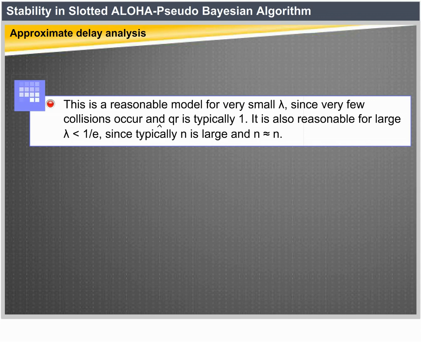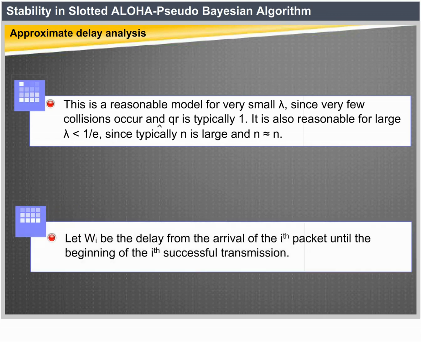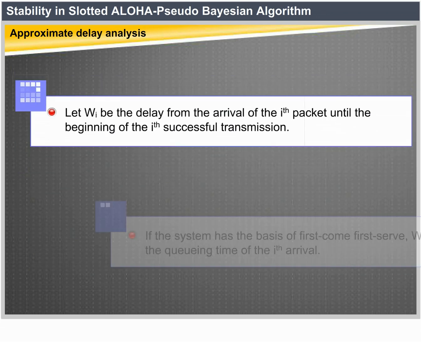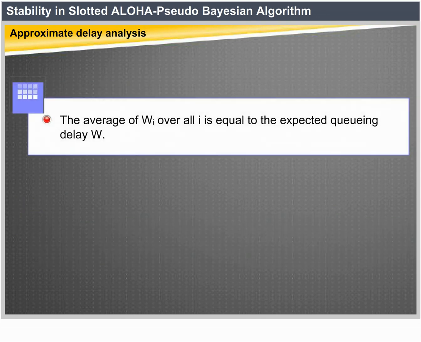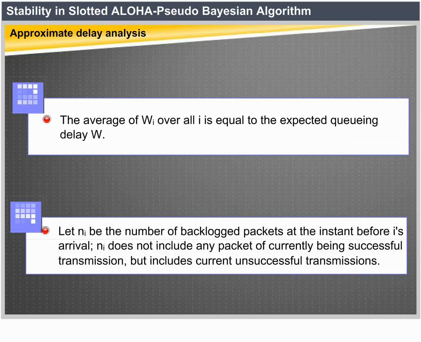Let W_i be the delay from the arrival of the ith packet until the beginning of the ith successful transmission. If the system were first come first served, W_i would be the queuing time of the ith arrival. The average of W_i over all i is equal to the expected queuing delay W. Let N_i be the number of backlogged packets at the instant before i's arrival.